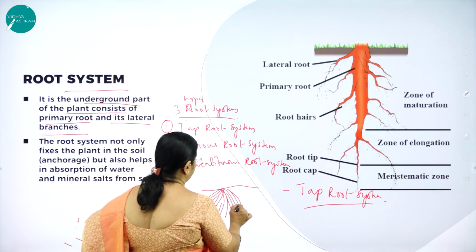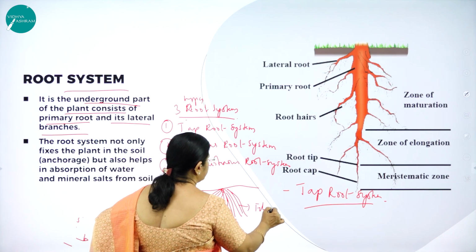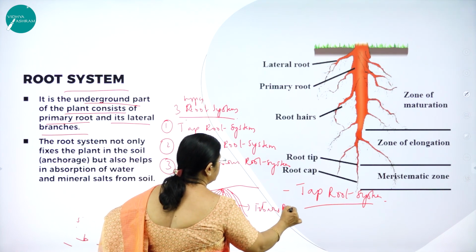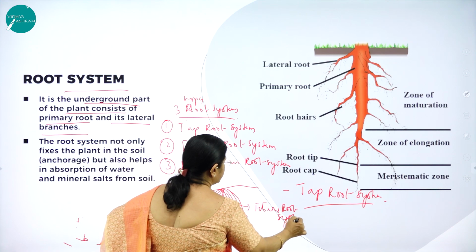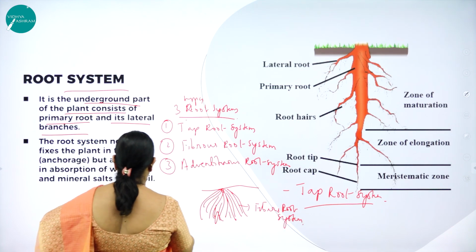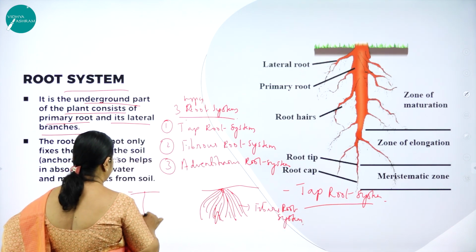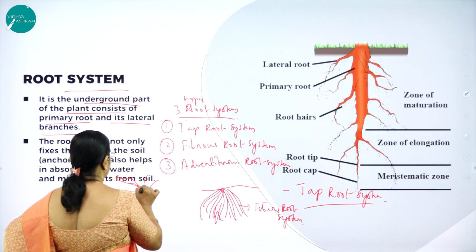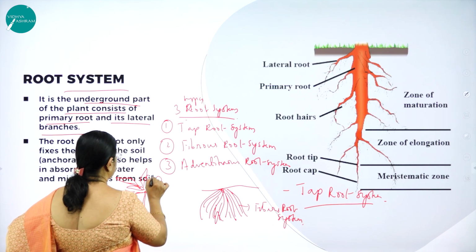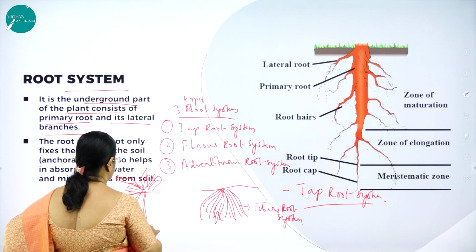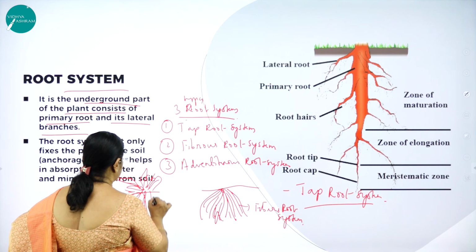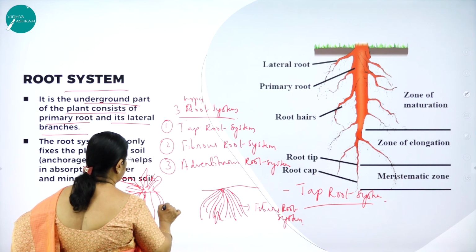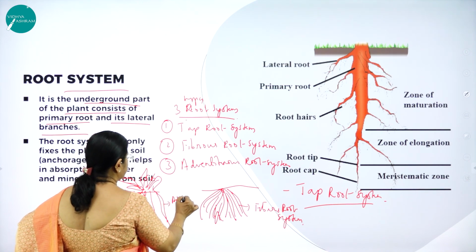This is the picture of a fibrous root system, and you might have come across the banyan tree, you can see these are called adventitious roots.